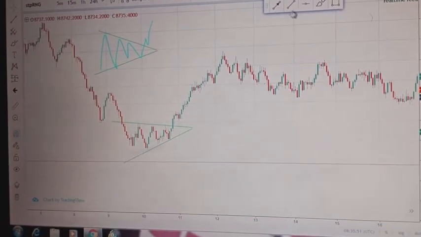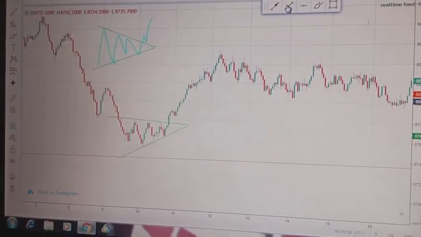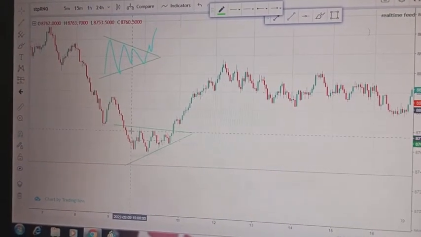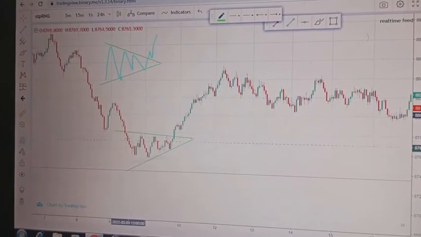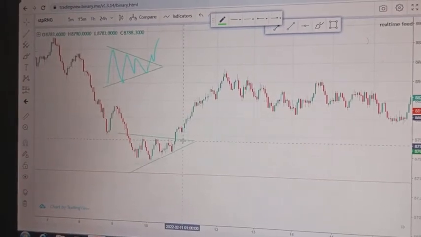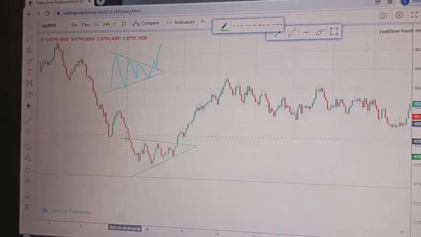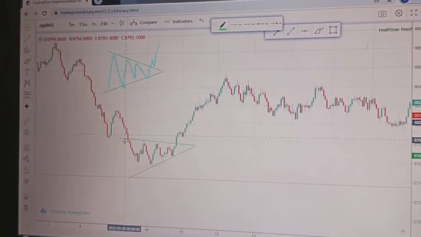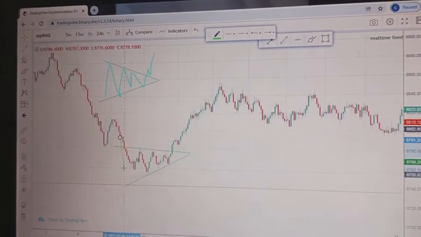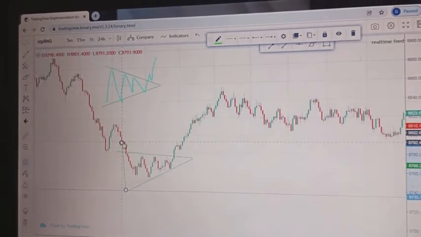If you are analyzing on your phone and you don't have all the tools that TradingView has, once you spot this perfect triangle, a falling wedge, the only thing you do to execute your market is come to the back of the triangle and just measure the wideness of it.